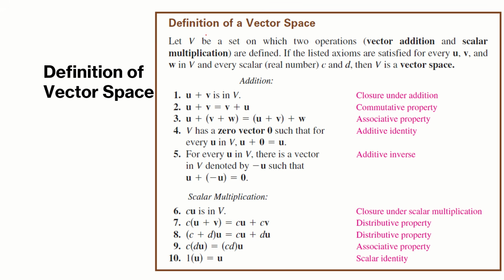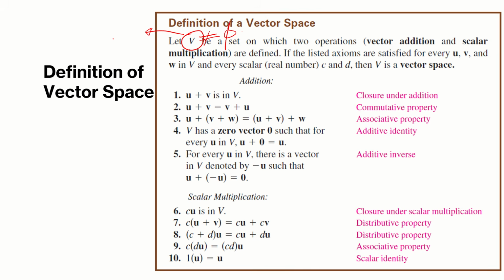So let's suppose we have a set of vectors V, and the first condition on it is that it will be a non-empty set. From here you can conclude one thing, that we don't have an empty vector space.